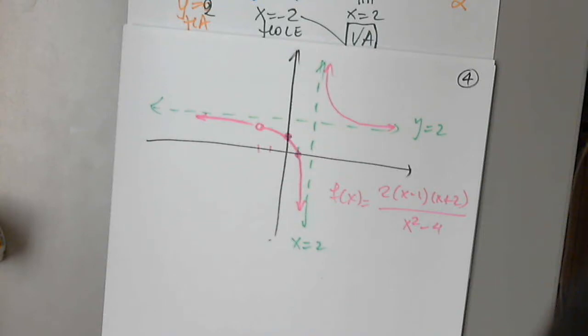You can check with the graphing calculator. Be very careful, because the graphing calculator will not give you this point. It would be very difficult to see it. Why? The calculator is not as smart as you are. So when we graph, be very careful with parentheses here. 2, open parentheses, x minus 1, close.